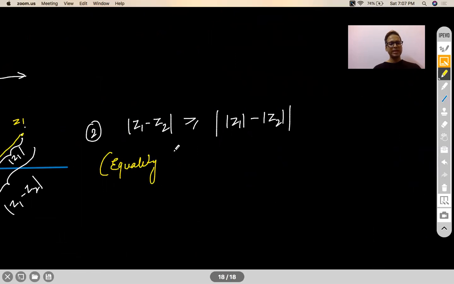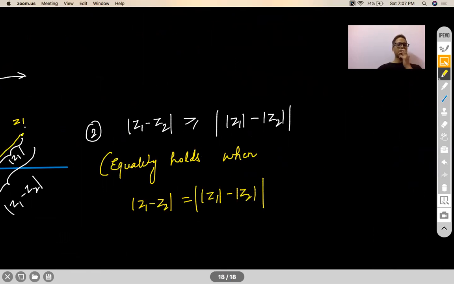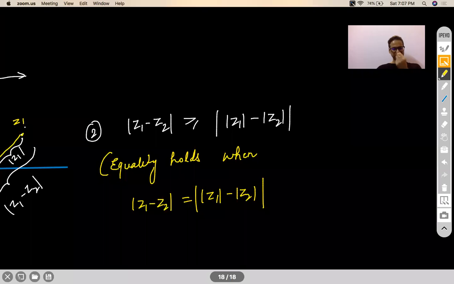Equality holds when? When will it be equal? When will mod Z1 minus Z2 be equal to mod Z1 minus mod Z2? I'm sure you should answer this.